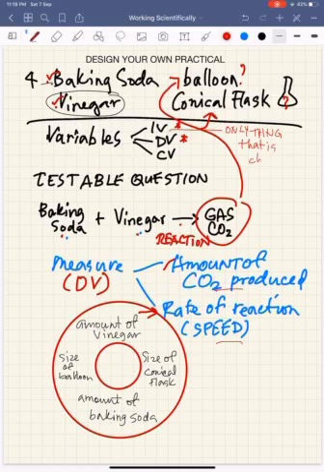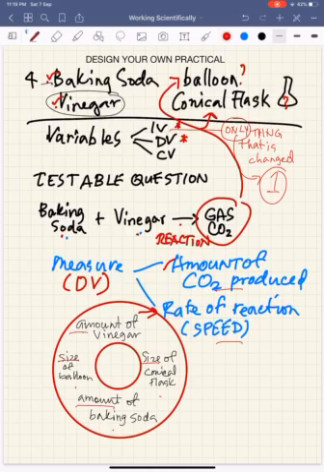And when you say only, how many is that? Only means one. You only change one thing. So there are four possible things you can change: amount of vinegar, size of balloon, amount of baking soda, and size of flask. What do you want to change?